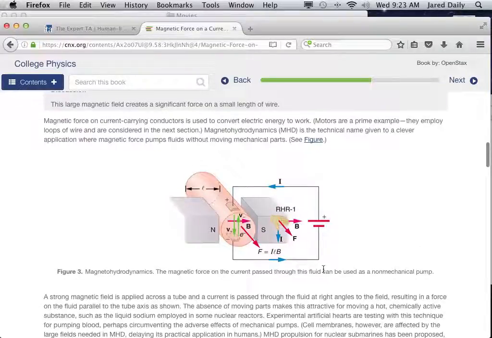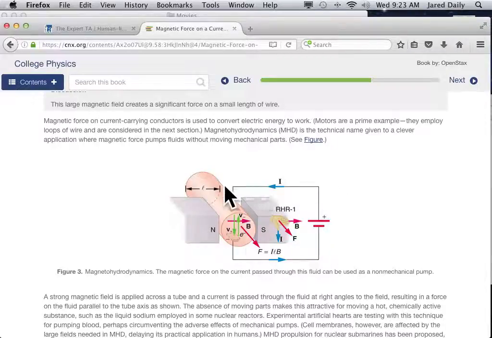Here they're showing the idea of what is called magnetohydrodynamics, which is one of the most complicated things in the universe to really deal with, especially if you start adding electrodynamics in there too.